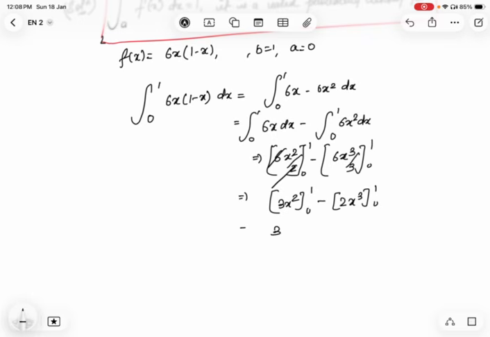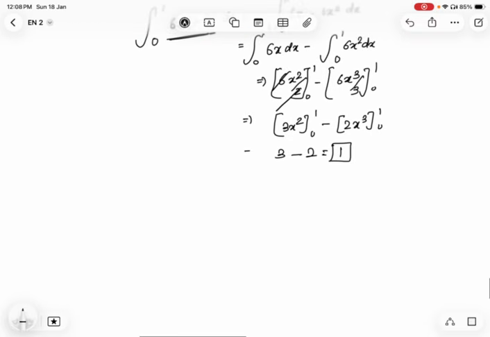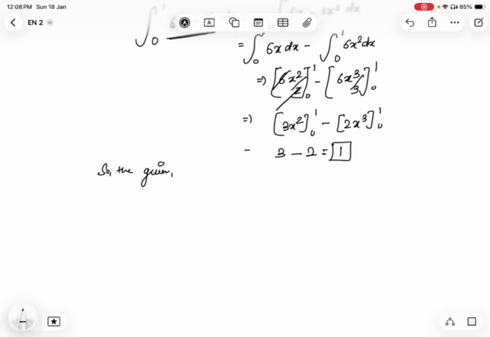If you put in 1, it is 3 minus 2, that is equal to 1. So it's coming to 1. So the given function is a valid probability density function. So the given PDF is valid.